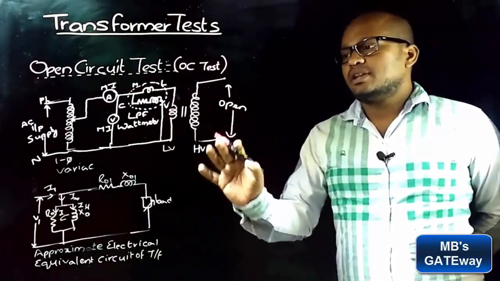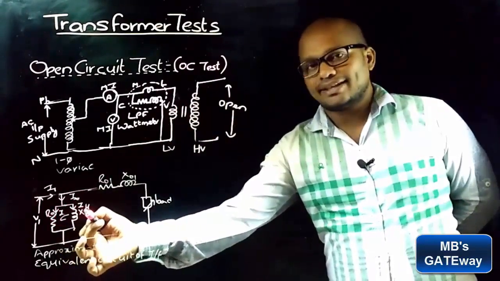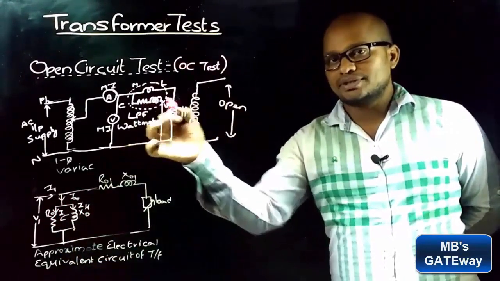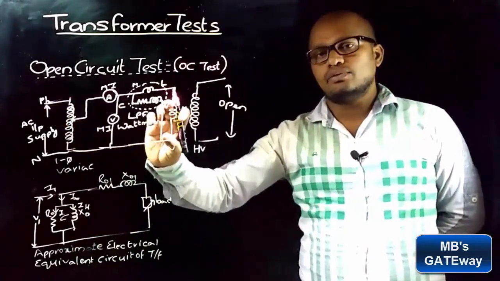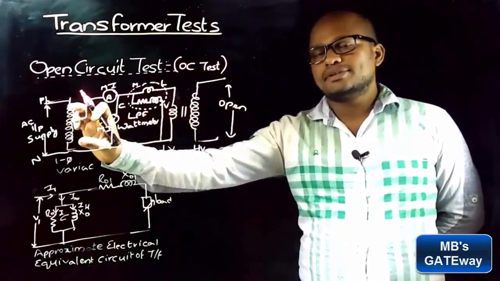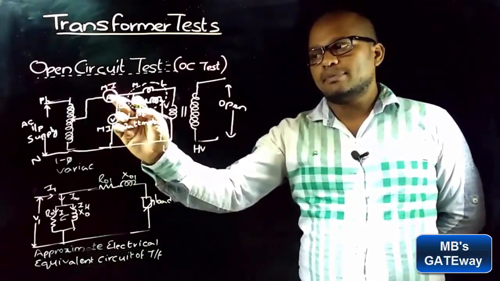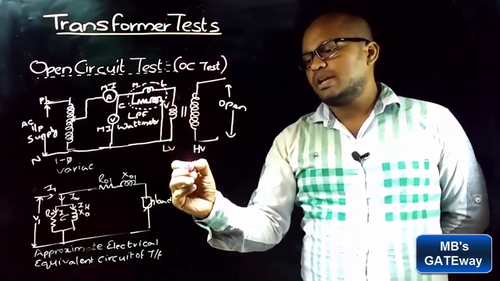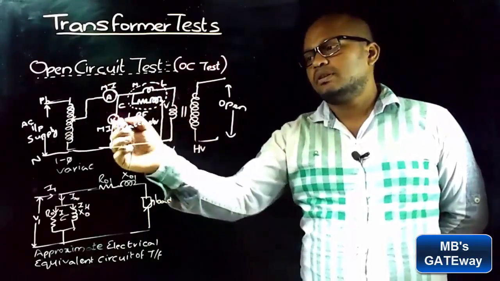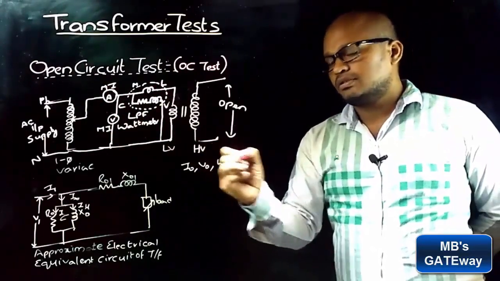Now let's see how to find the shunt branch elements R0 and X0 from the open circuit test. With the circuit connection like this, and by applying the rated LV voltage by means of a single phase variac, note down the ammeter reading, voltmeter reading and wattmeter reading. So the ammeter reading is I0, the voltmeter reading is V0 and the wattmeter reading is W0.